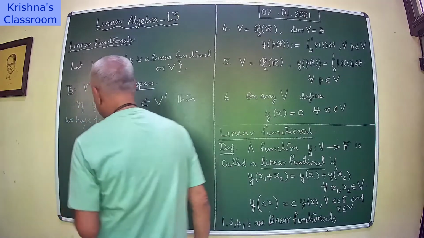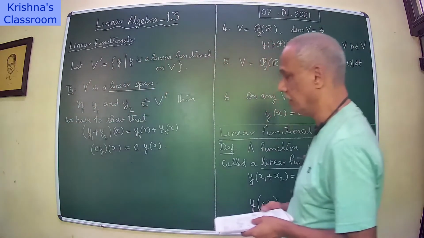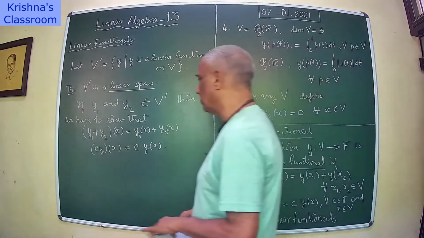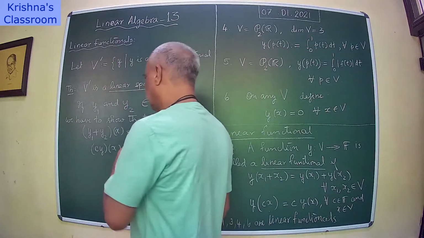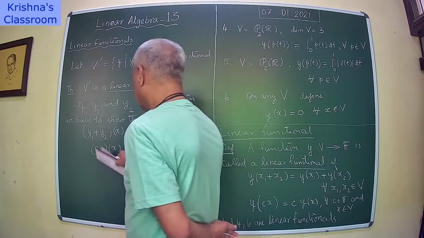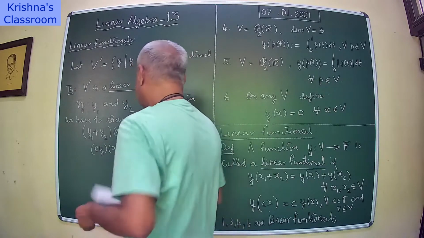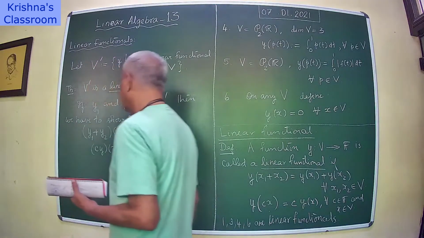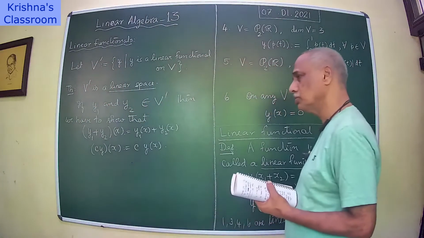But that's obvious. That's how the functions are defined. We talk about the sum of two functions and this is how you define the sum of the two functions and the scalar multiple of the function. What do we want to show?